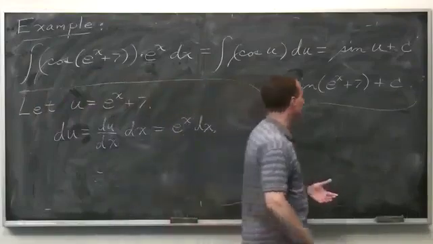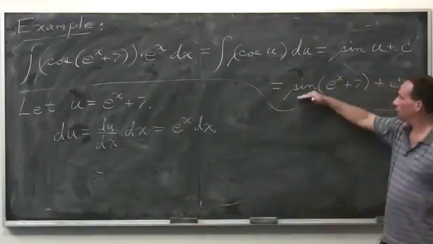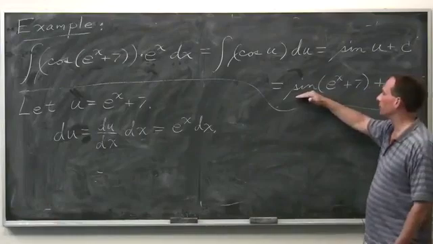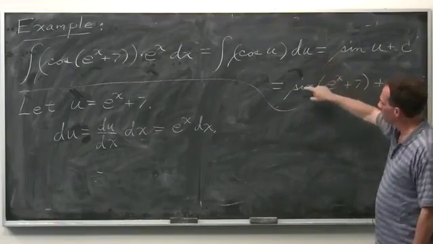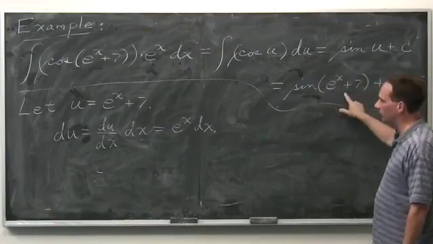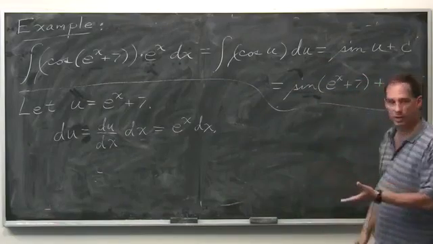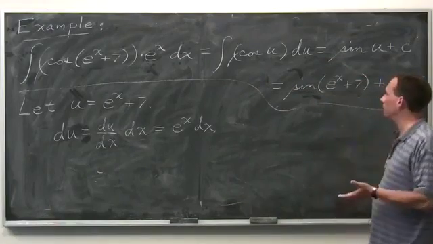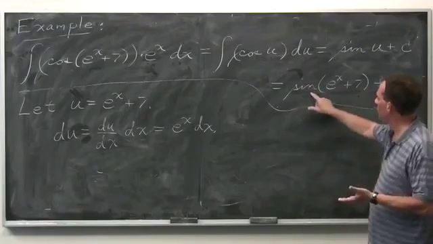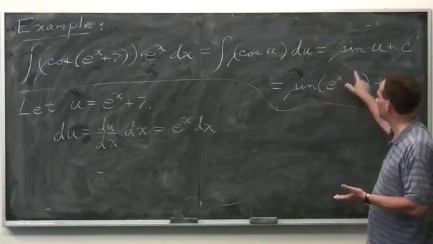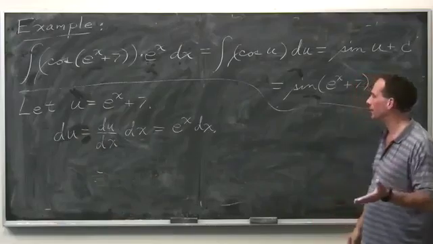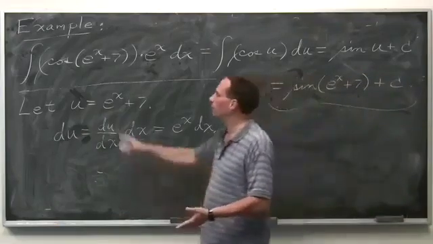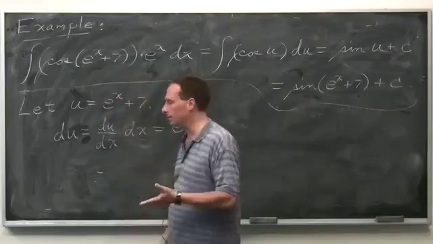Of course, it's just the chain rule in reverse, because if you differentiate this by the chain rule, you differentiate the outside function and get cosine of the inside stuff, but then you have to multiply by the derivative of the inside stuff. So you get cosine of e to the x plus 7 times the derivative of e to the x plus 7. But that derivative is just e to the x. Yes, you get cosine of e to the x plus 7 times e to the x.